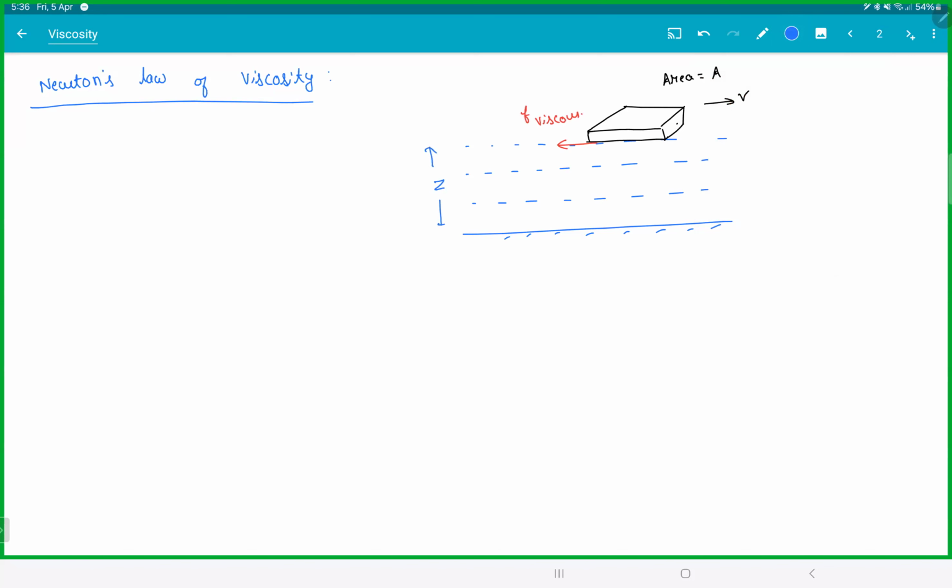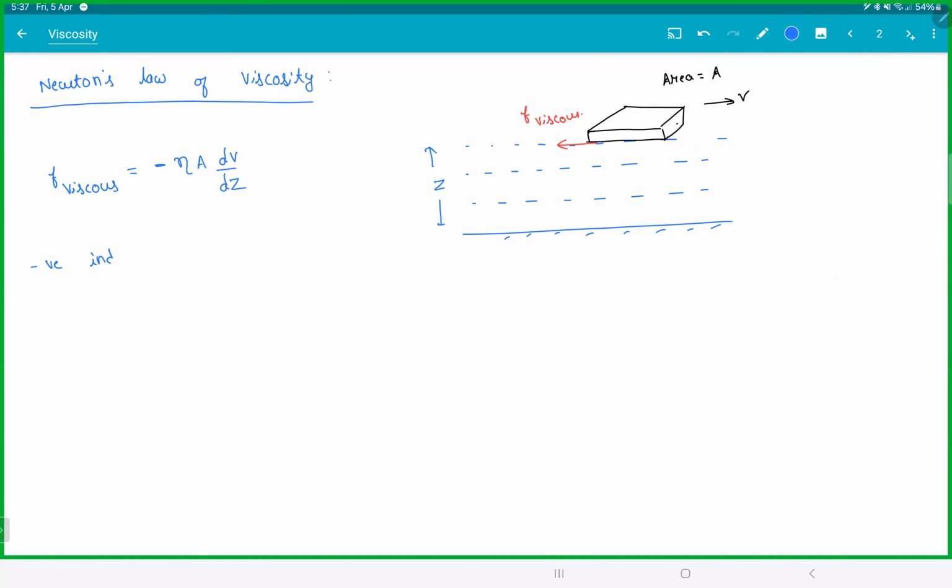Let the depth be Z. So the viscous force acting on this plank is given by, it's completely experimental, we'll not get into how we got it, minus eta A dV by dz. Straightforward formula.